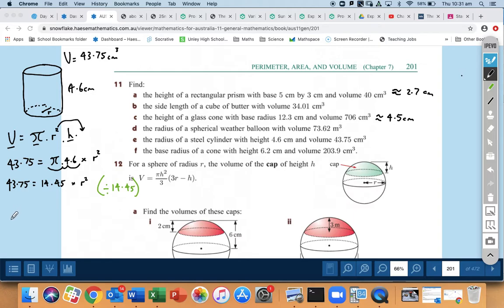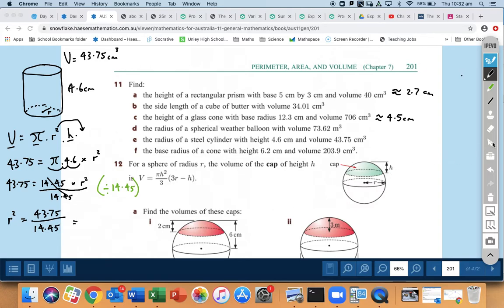So that leaves us with the radius squared equaling that number divided by 14.45. Because remember, when I divide this side by 14.45, these will cancel out and they'll equal 1. You'll have 14 divided by 14 equals 1, right? But over here, I'll have 43.75 divided by 14.45, and we need to know what that number is.